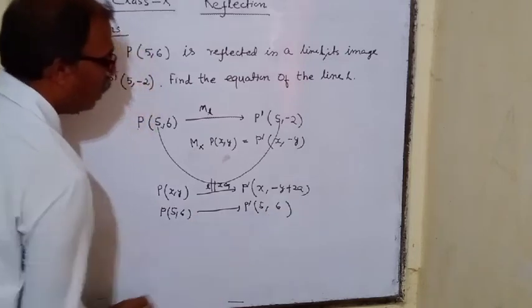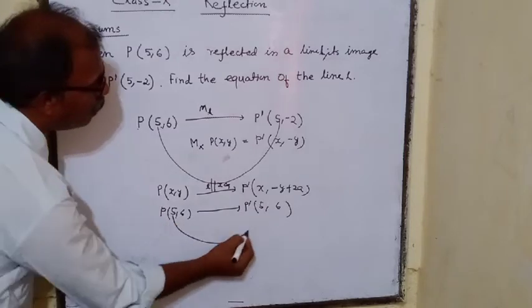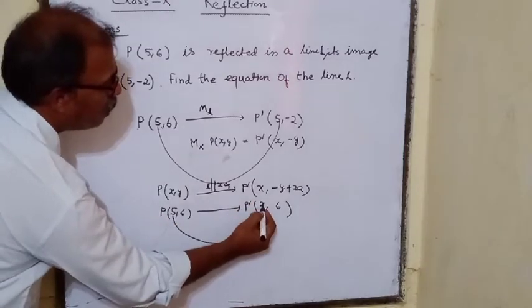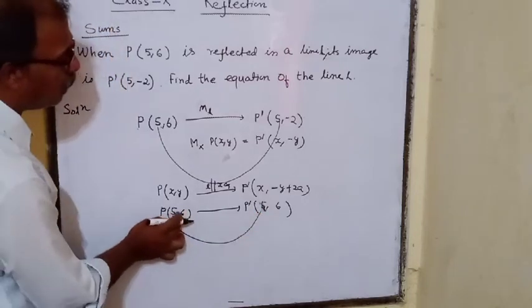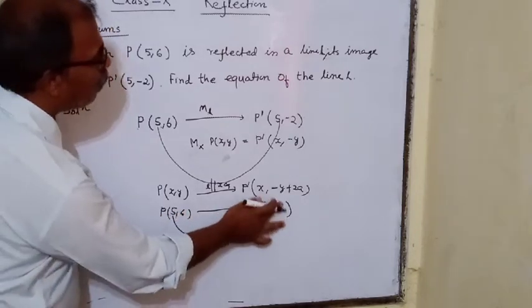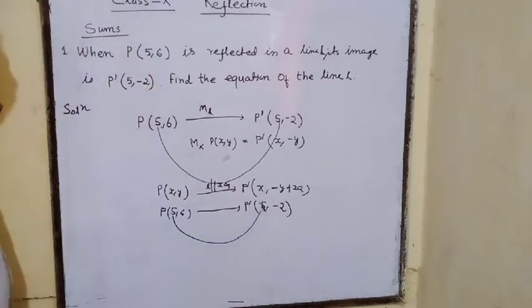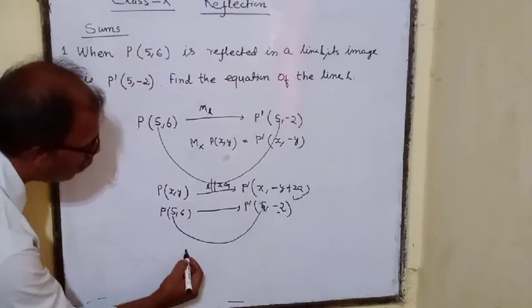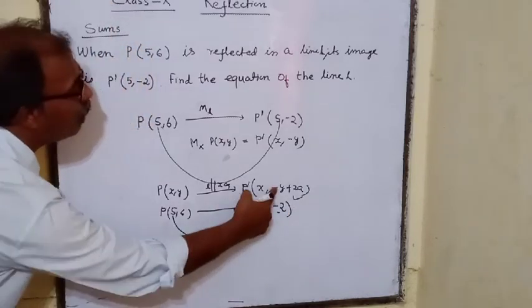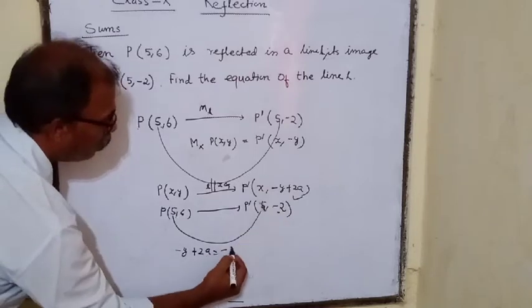So this 5 will represent this x. If it is x, so it is 5. 5 is same, and this 6 has become minus 2. So this minus 2 will be equal to this one. So we can say that -y + 2a is equal to -2.